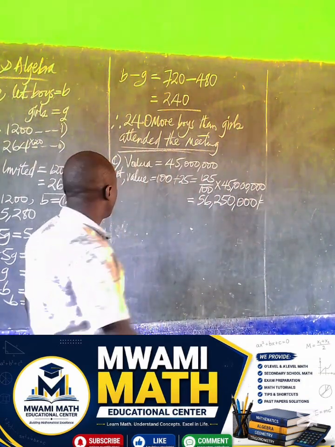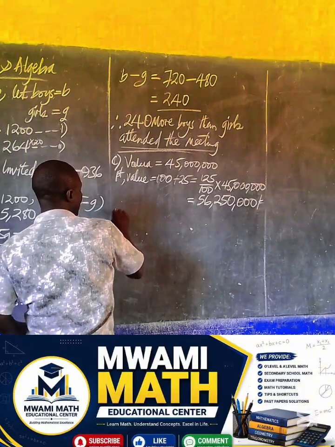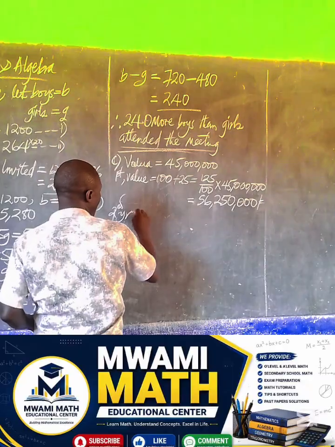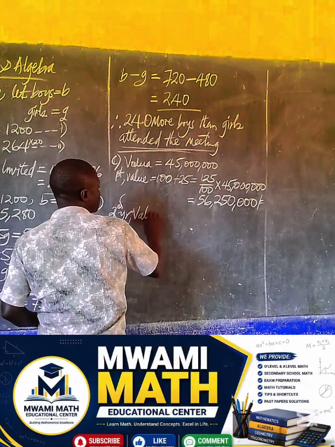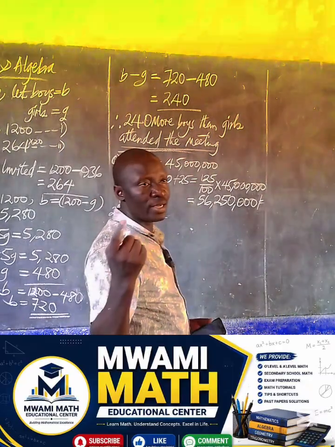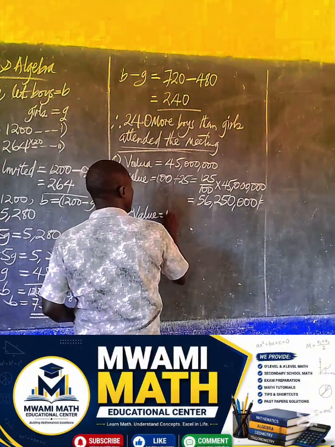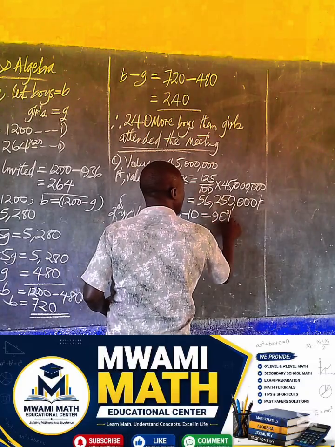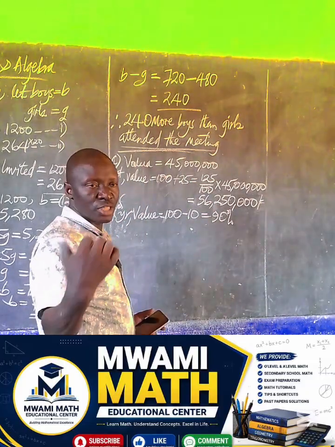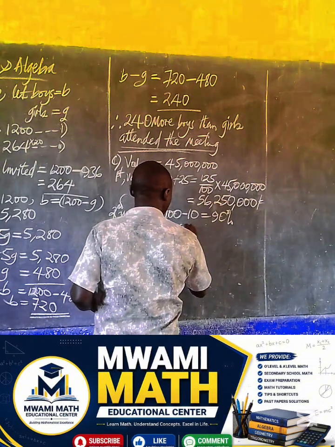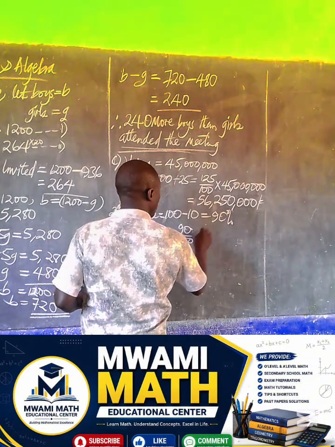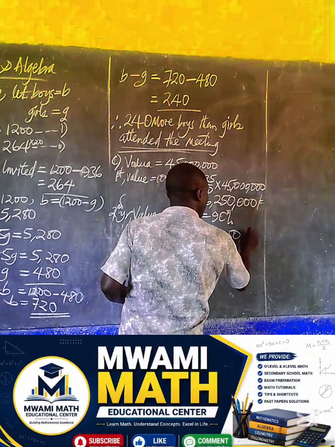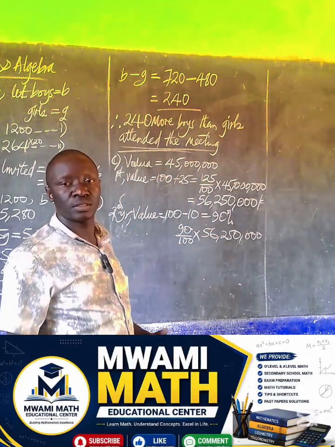Now, in the second year, the value we have been told depreciated by 10%. So that is 100 minus 10, giving us 90%. So changing that to cash, that means 90% of 56,250,000.